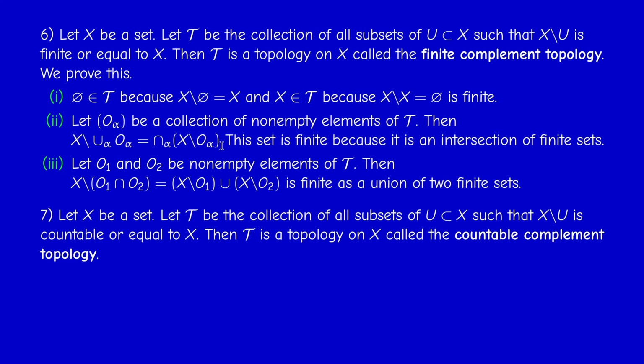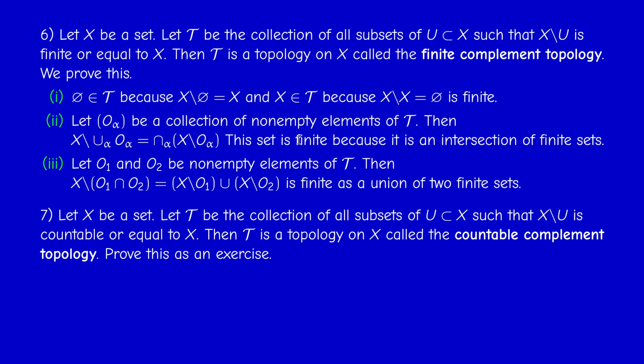And if you want to prove that a collection is a topology, you take an arbitrary collection of elements of this collection, and you may assume that none of them is empty after removing the empty elements. So we have also the countable complement. These topologies are basically used for counterexamples. They are not very interesting. Okay.